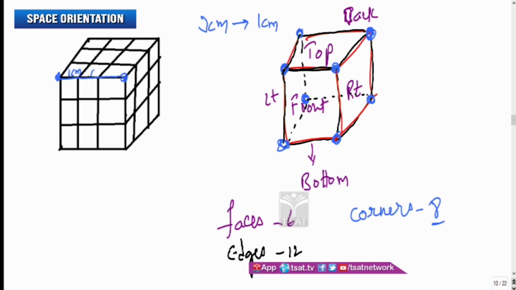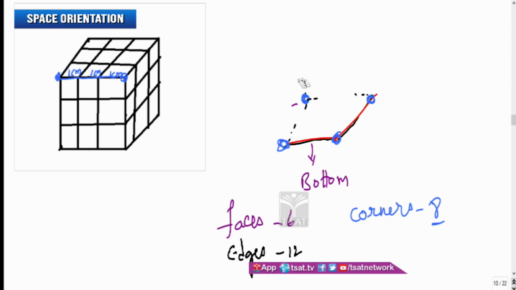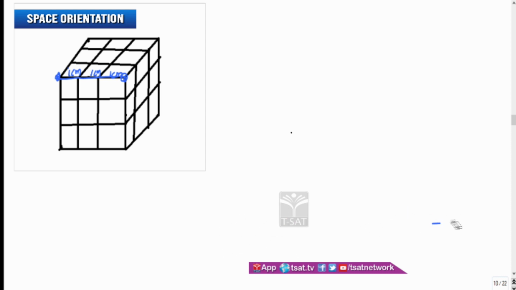So this is 1 centimeter, this is 1 centimeter, and this is also 1 centimeter. Now the questions are asked based on this cube. The first question will be: how many small cubes are formed?